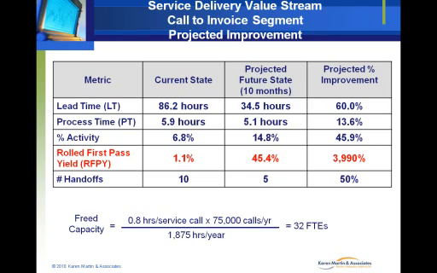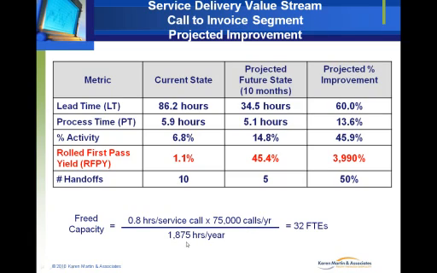So one would think at first glance, it's not very much. I mean, why can't we go from 5.9 to 3 or something more impressive? Well, hold on, let's look at this. Single hits add up. That amount of savings, that 0.8 hours per service call, when you look at how many service calls per year, this is a big organization, lots of customers, 75,000 service calls per year.